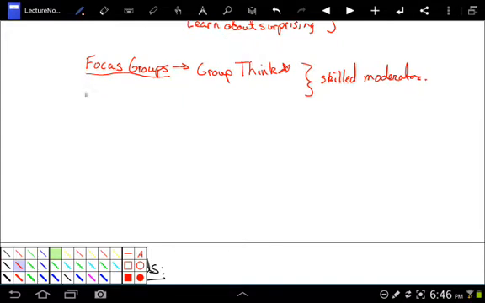Another option is something called ethnography. Hold on, I actually have to spell that one. Ethnography is basically where you study people, you watch people in their natural environment.